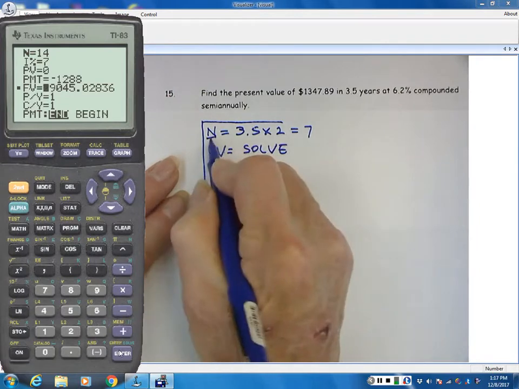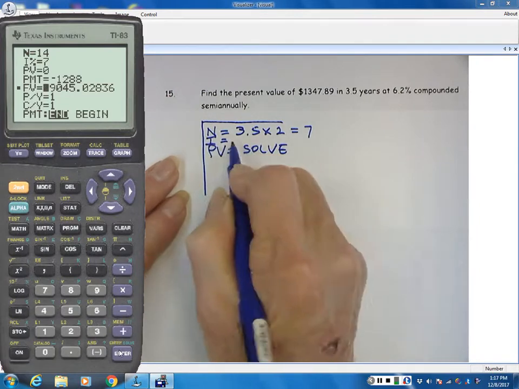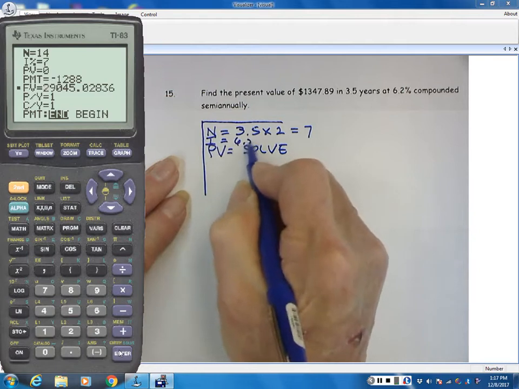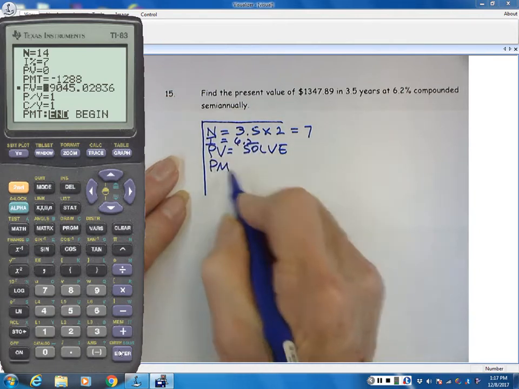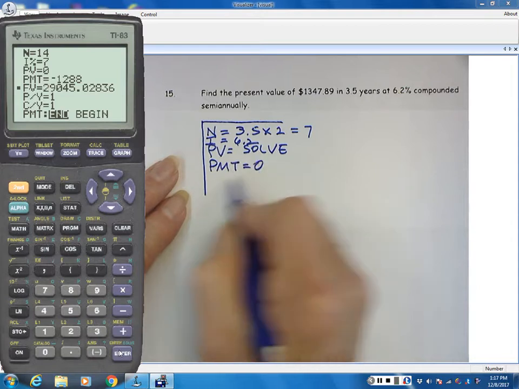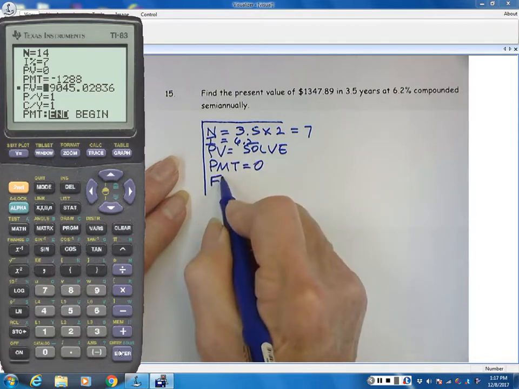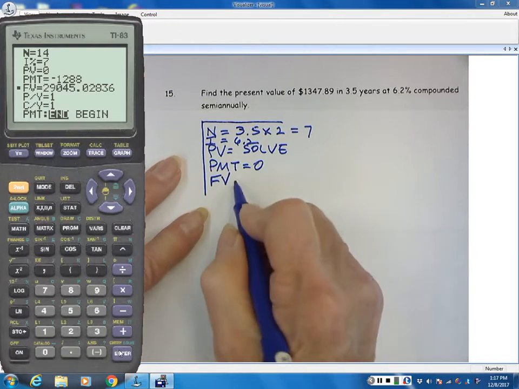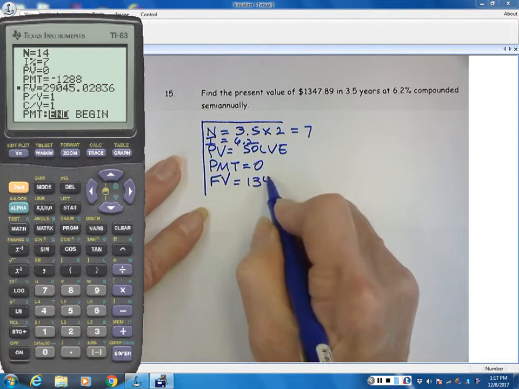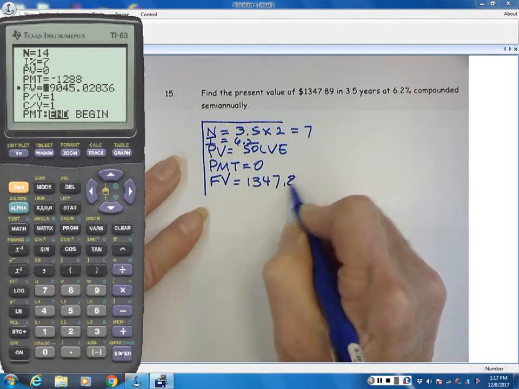We'll solve for the present value. The interest rate is 6.2. There are no payments. And the future value is $1347.89.